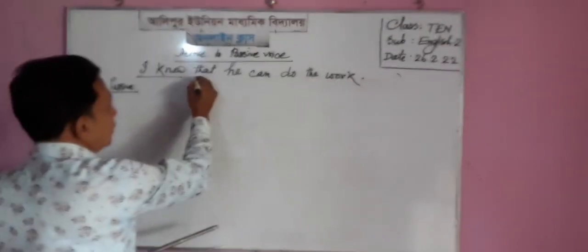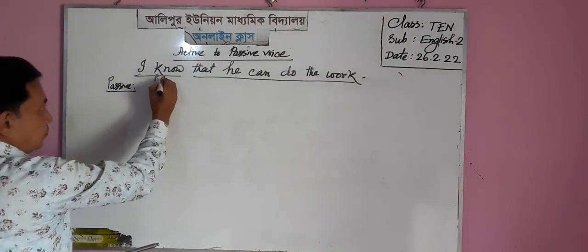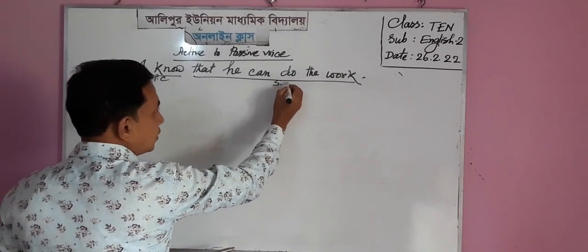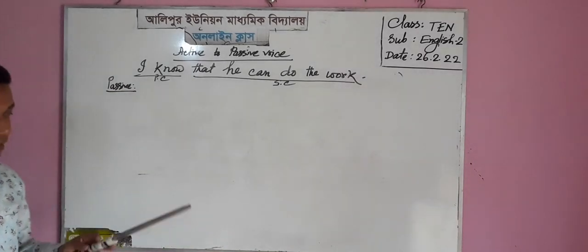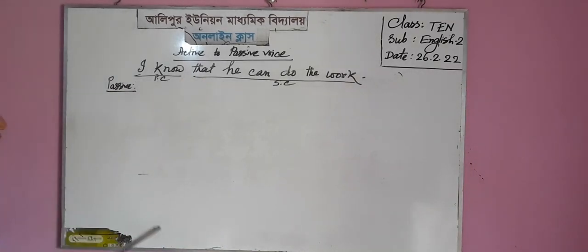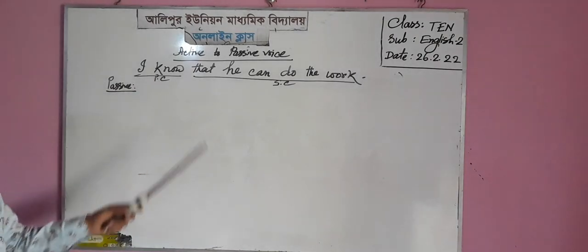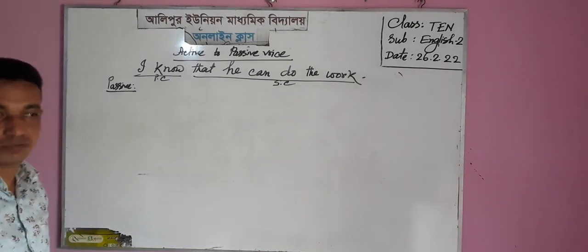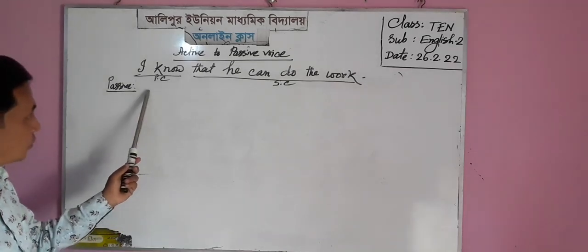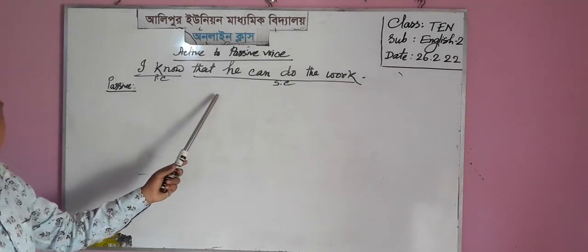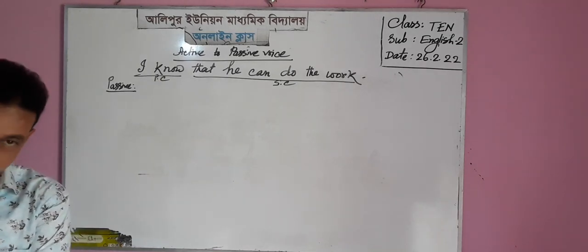One is I know, this is the principal clause, and that he can do the work, this is the subordinate clause. When we see this type of sentence, we have to change both clauses at the same time.